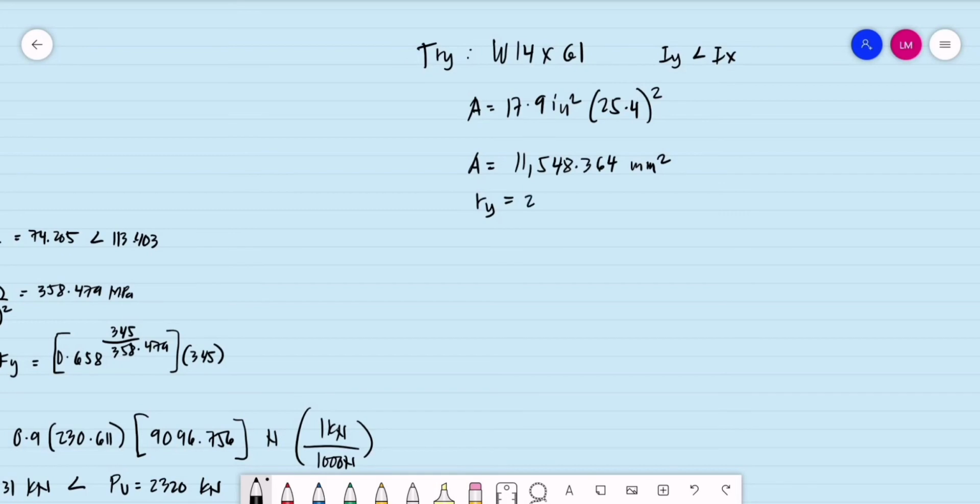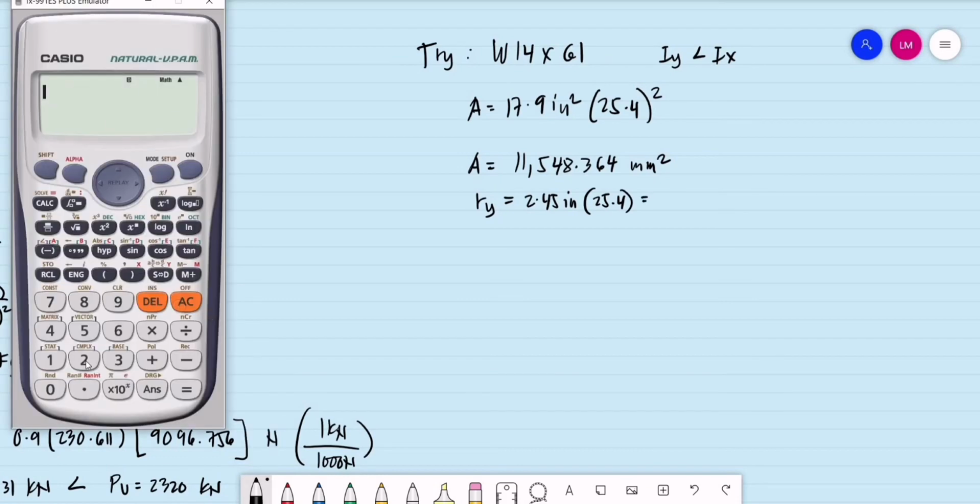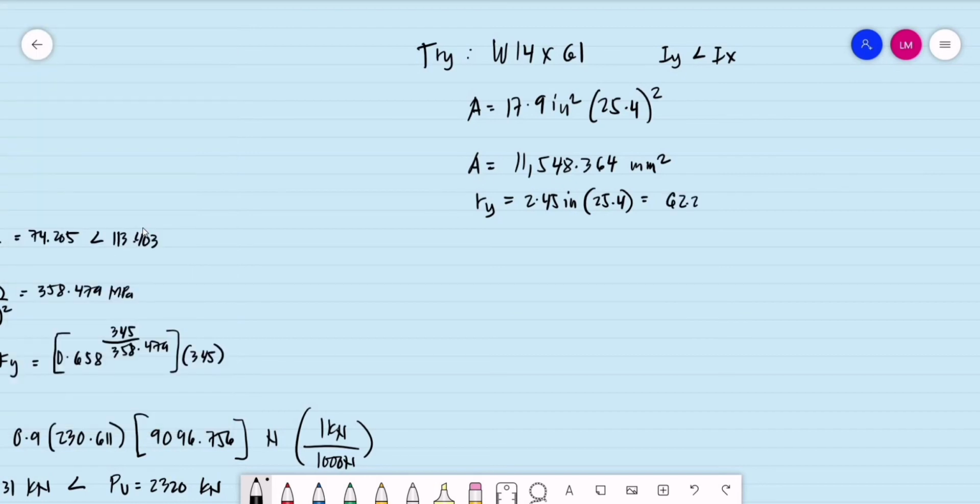So this is equal to 2.45 inches, to be multiplied by 25.4. So our ry will be equal to 62.23 millimeters.